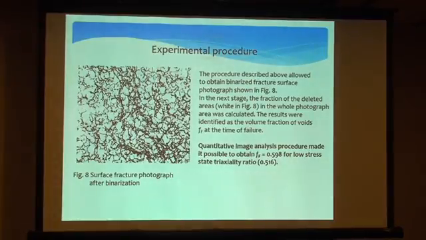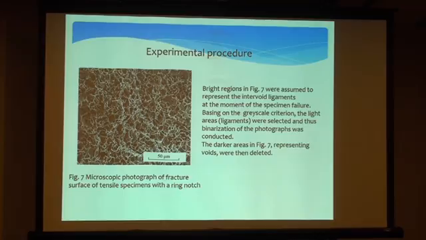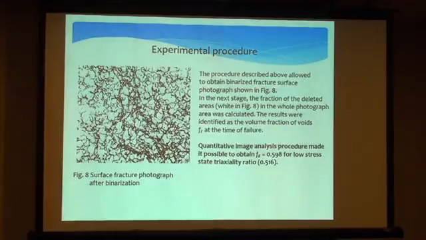So here we can see the photograph after binarization. Colors here are reversed, so now the intervoid ligaments are darker, and the next step was to delete the areas representing voids in the picture and to calculate the areal fraction of these deleted areas.